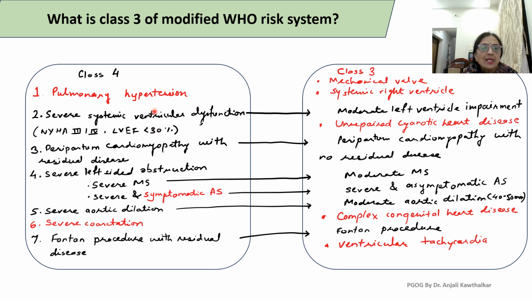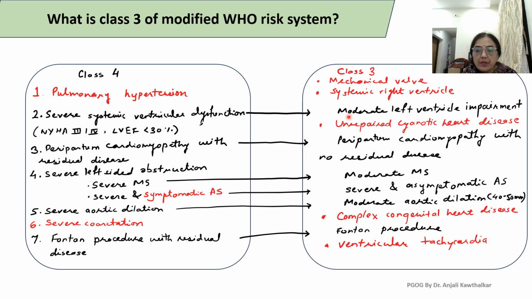So we have already seen class 4, pulmonary hypertension, which is not seen in class 3, but severe systemic ventricular dysfunction, left-sided ventricular dysfunction where ejection fraction is less than 30% or NYHA 3 or 4, we have already seen is a contraindication for pregnancy. So it is severe. Whereas here in class 3, we have moderate left ventricle impairment.